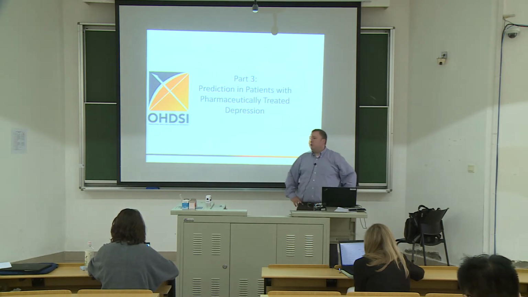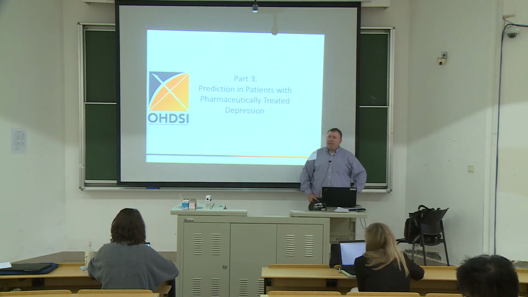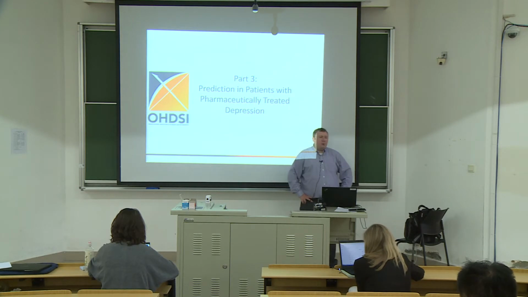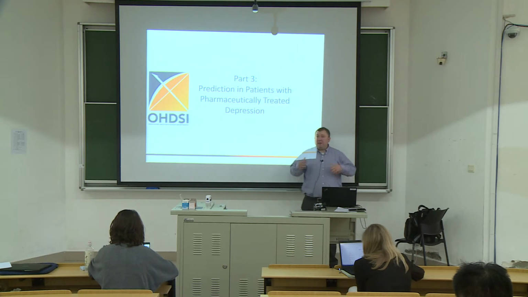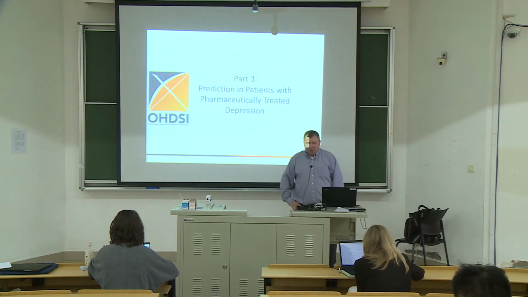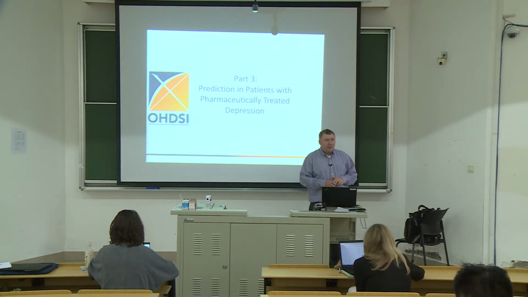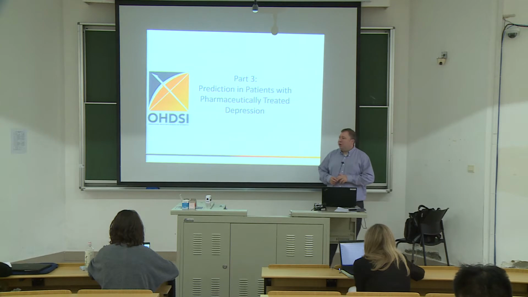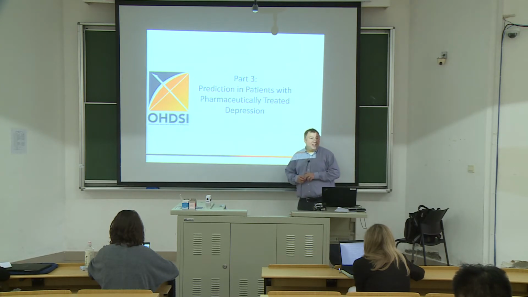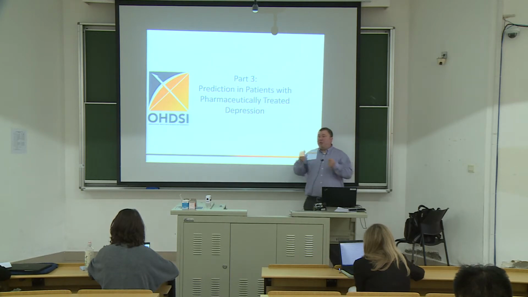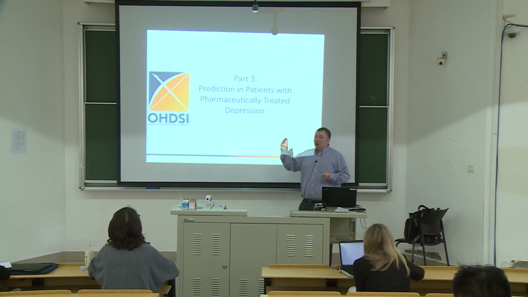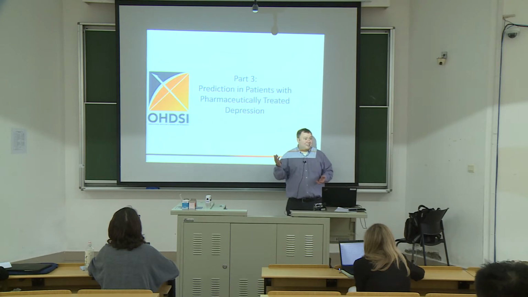So the problem that we were interested in was patients who are pharmaceutically treated for their depression. So think of any patient who's got depression who's actually getting a drug for their disease. And the question that often comes up for those patients is that they are worried about the risk of different side effects because antidepressant drugs on their product labels have a large list of known side effects.